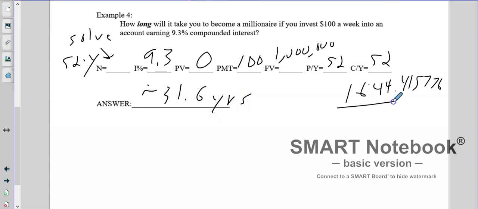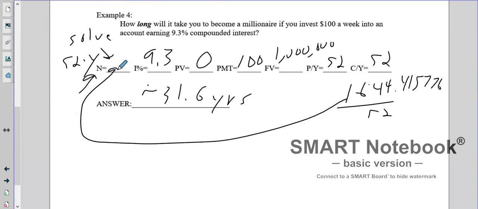And the reason we had to divide by 52 is because this number is the product of two numbers. So 1644 is actual n, but since we're trying to find the number of years, we need to divide by 52. And that is it.